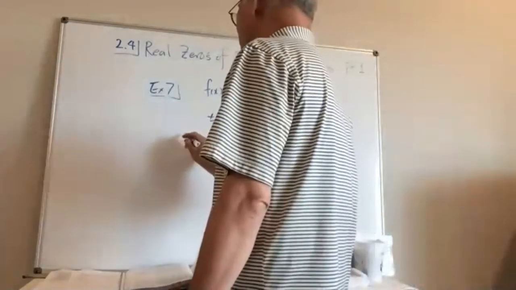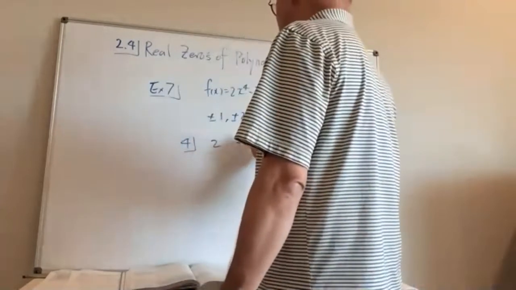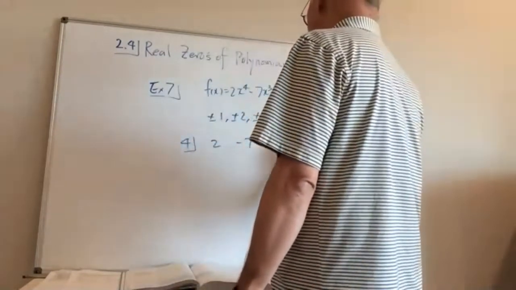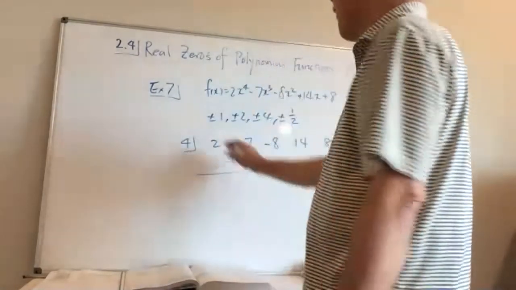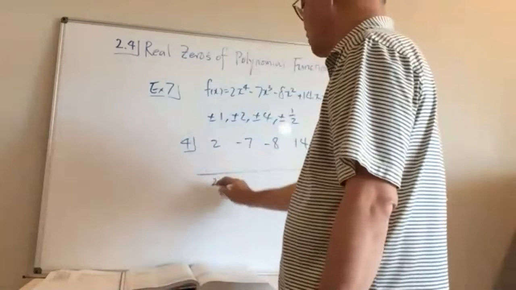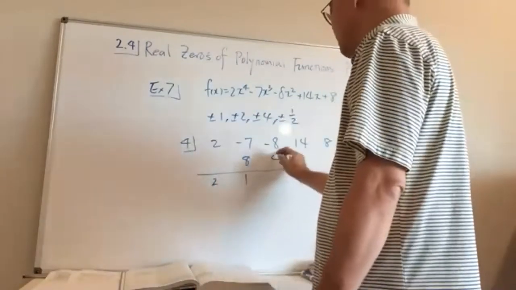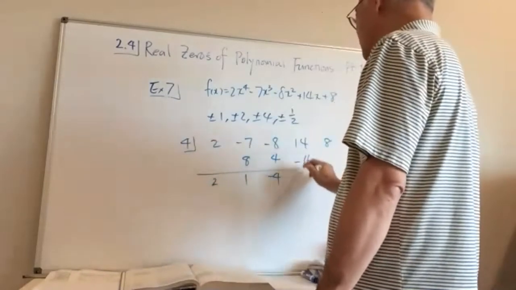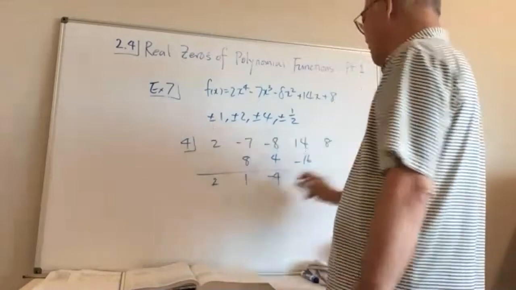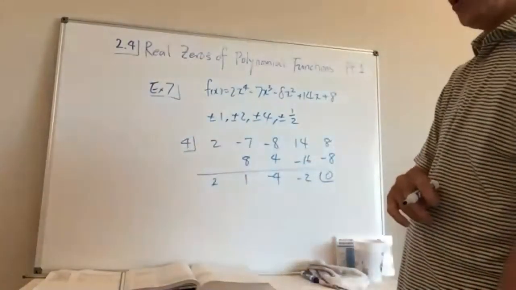So 4: 2, -7, -8, 14, 8. 2 times 4 is 8. 1, 4 times 1 is 4. -4, -16, -2, -8. So yes, it works, okay?